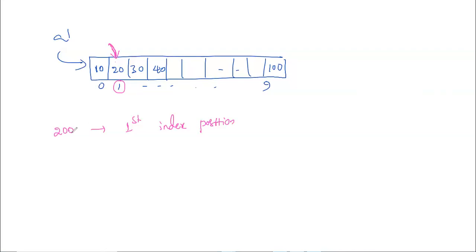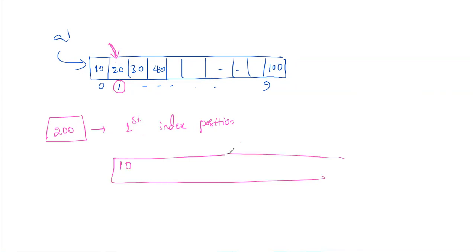Because of this operation, internally, in the 0th position there is no disturbance, so 10 will be as it is. Because the programmer is trying to add one element at index position 1, whatever we add will be placed at index position 1. This is position 0 and this is position 1. What about this 20?